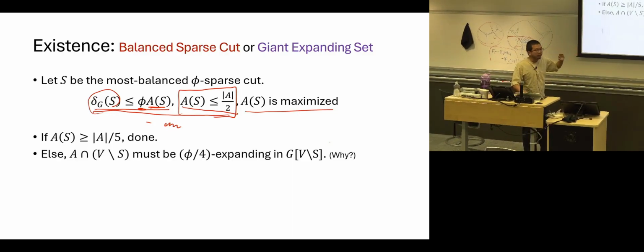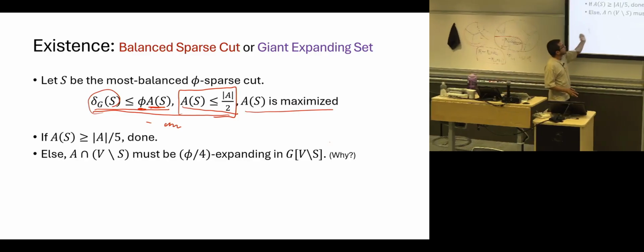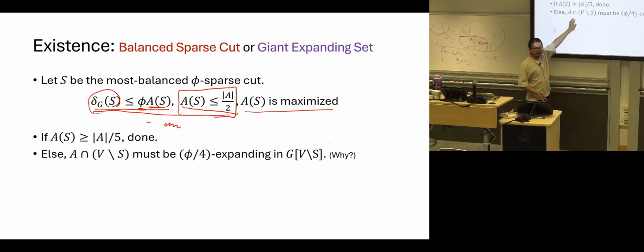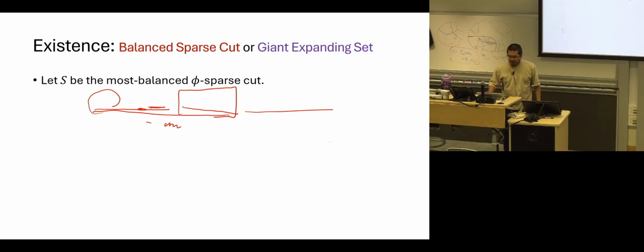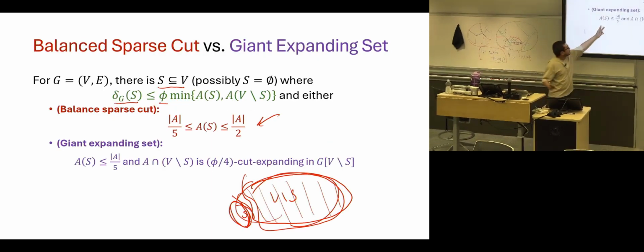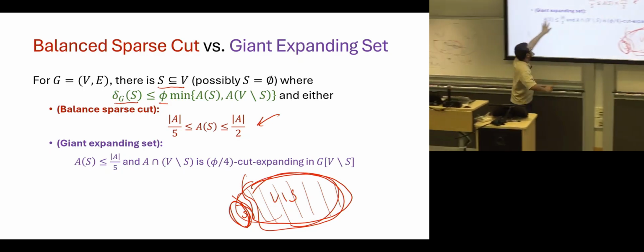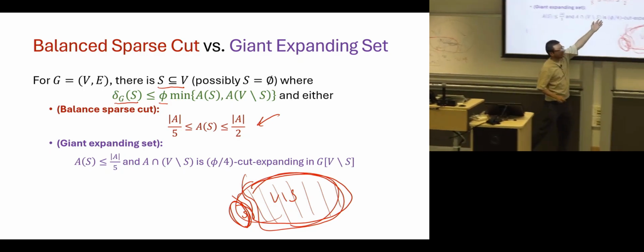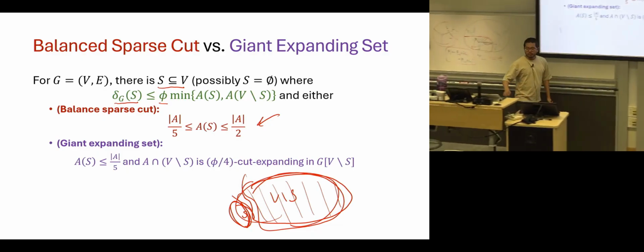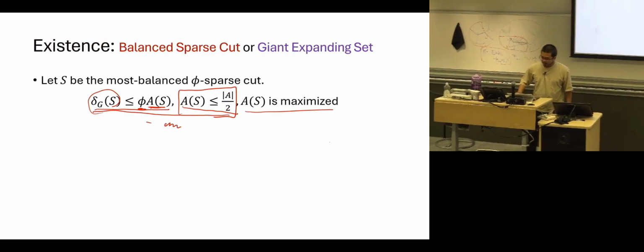Are you convinced that if we prove this, then we are done? We get that either this is the case, or S is small and the complement is expanding. Okay. Good.